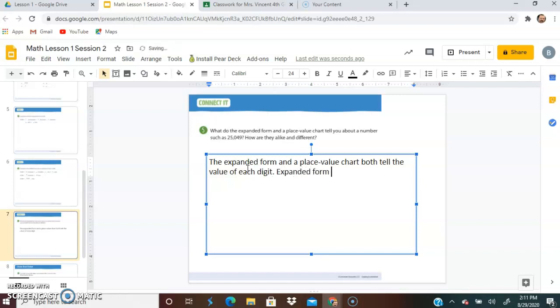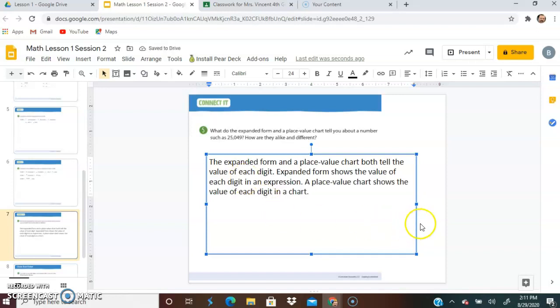Expanded form shows the value of each digit in an expression. Remember, an expression is just an equation without an equal sign. A place value chart shows the value of each digit in a chart.